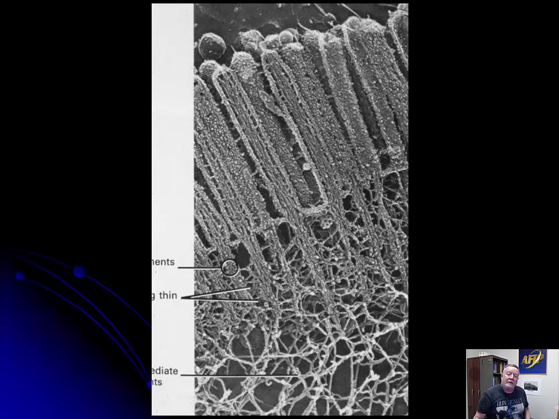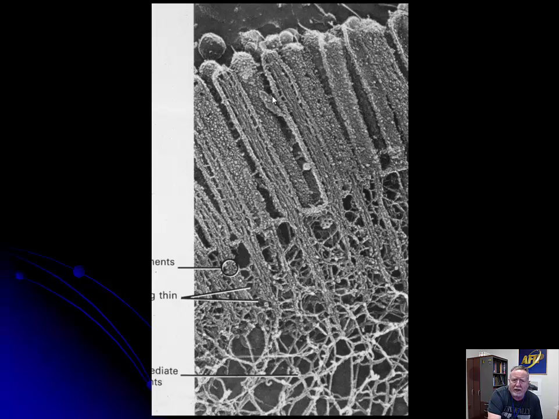Okay, so let's take a look. Now we've looked at most of the basic organelles, and we will probably throw in a couple of rare ones farther down the line in some of the other lectures. Let's look at some of the non-organelle components of the cell that are important.